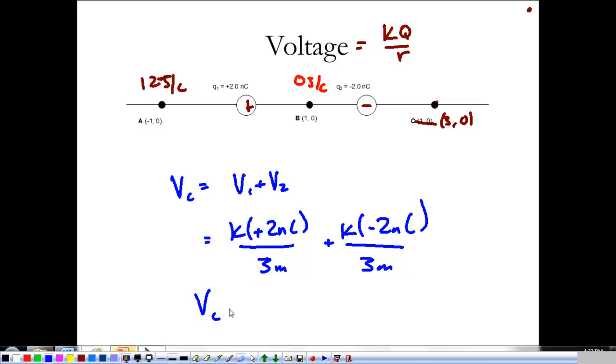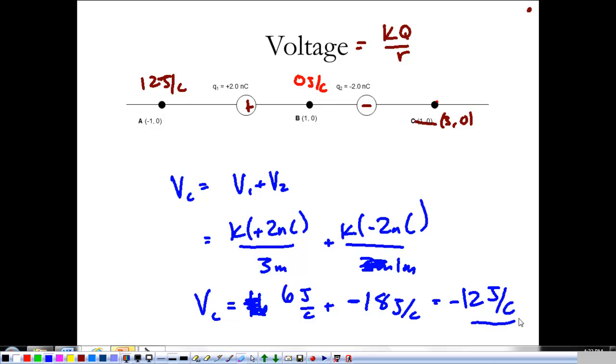That gives me a voltage at C of 18 divided by 3, 6 joules per coulomb, plus, and that's not 3 meters away, that's 1 meter away, negative 18 joules per coulomb, leaving me with negative 12 joules per coulomb at this point.